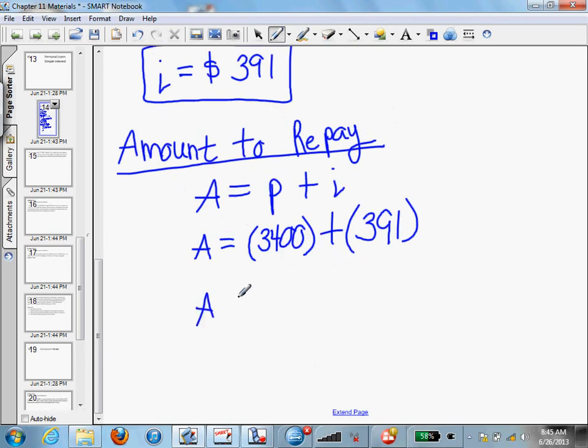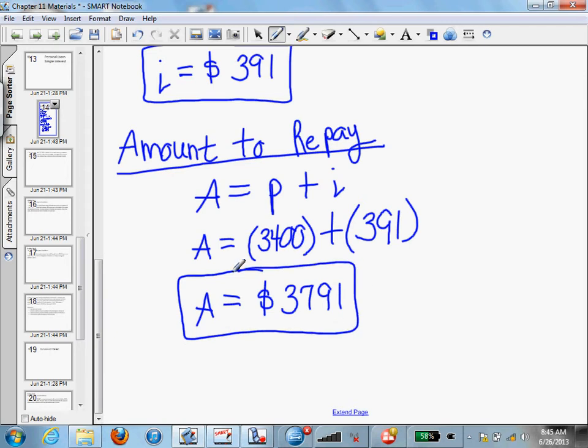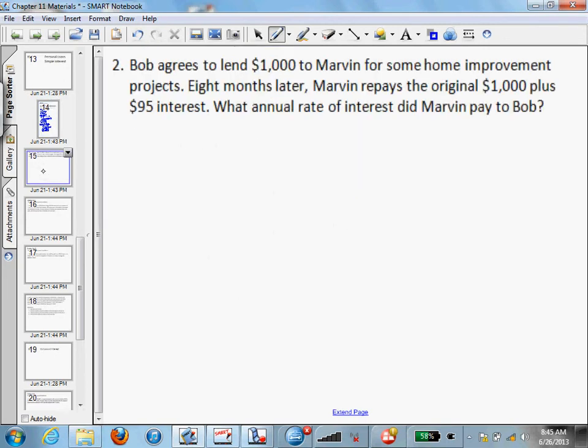And when we simplify that, we're going to have A equals $3,791 that your friend is going to have to pay back for her loan. These are really practical and really life-like things that could happen.